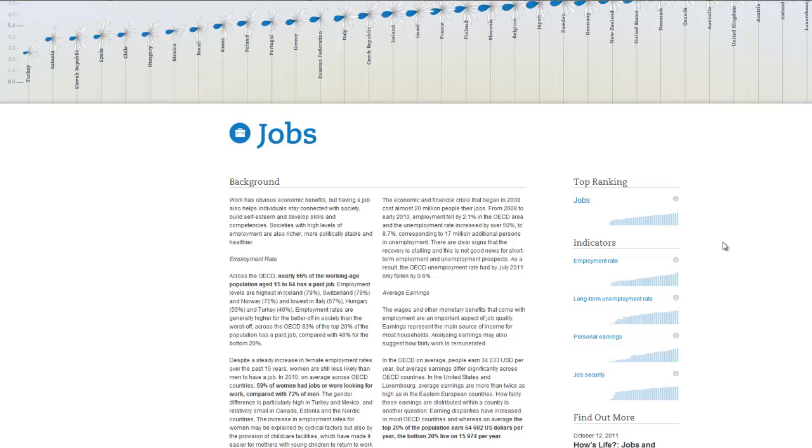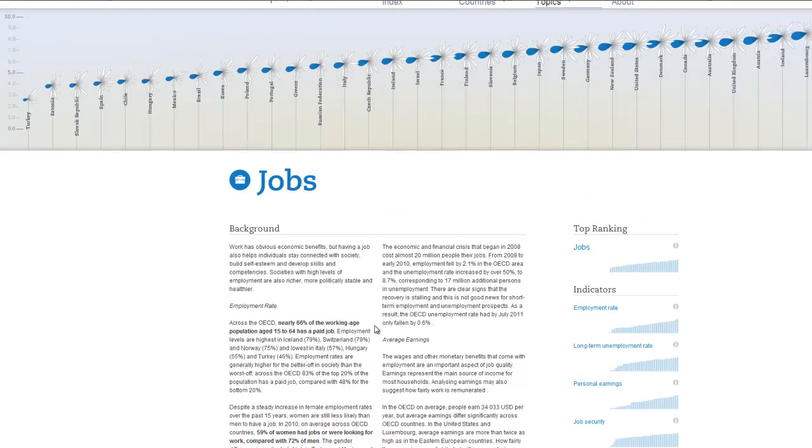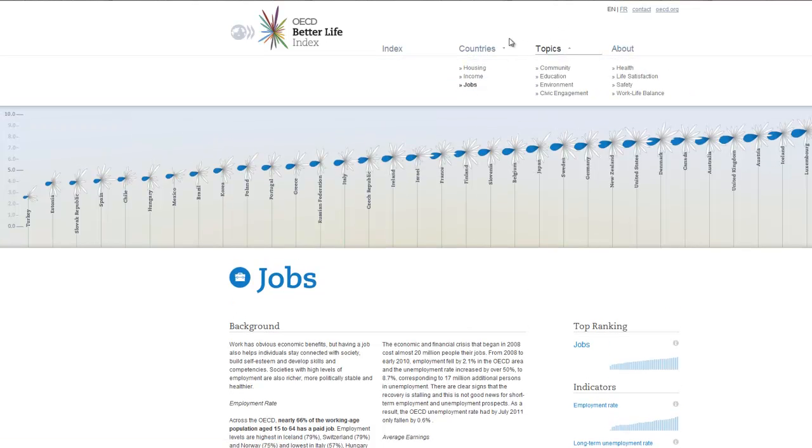So this is the general jobs ranking, with again the countries doing the best: Switzerland, Netherlands, Norway, and then at the bottom here Turkey, Estonia, and Slovak Republic. But it tells you also that this indicator is composed of sub-indicators such as employment rate, long-term unemployment, personal earnings, and job security, and on all you can go and hover and see the different rankings of the different countries in those factors, and then a bit of textual analysis here that tells you exactly how those are calculated and what it all means.